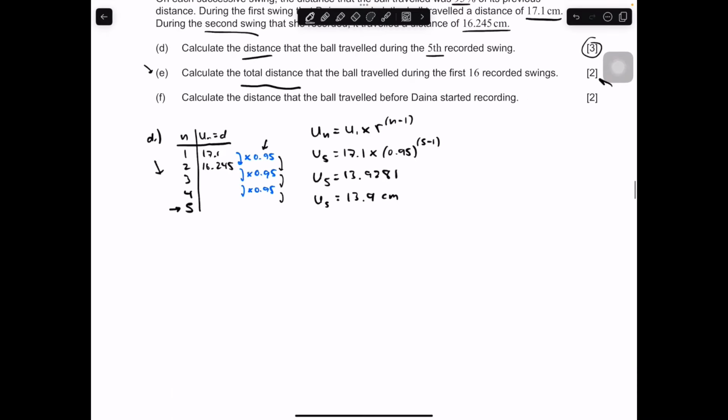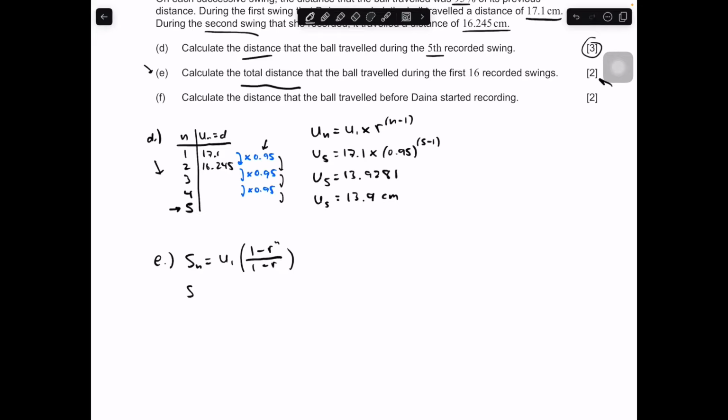Okay. So, let's do part E. In this case, we're talking about the sum of n terms, and it's going to be u1, and then we're going to multiply this by (1 minus r to the n) over (1 minus r). And that should do it. Okay, so now we have to substitute our values in.